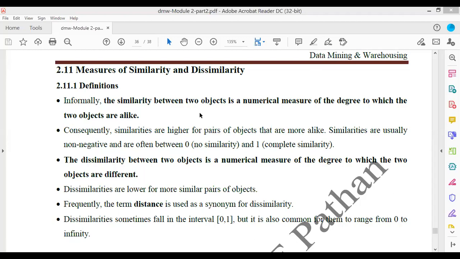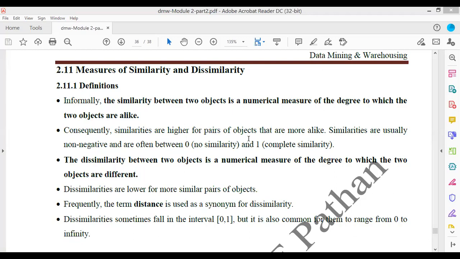In the last class, we discussed the measures of similarity and dissimilarity, so I'll repeat that again in this class. We say that two objects are similar if we find a numerical measure. If the degree to which the two objects are very similar to each other is high, that value of the numerical measure is called similarity.